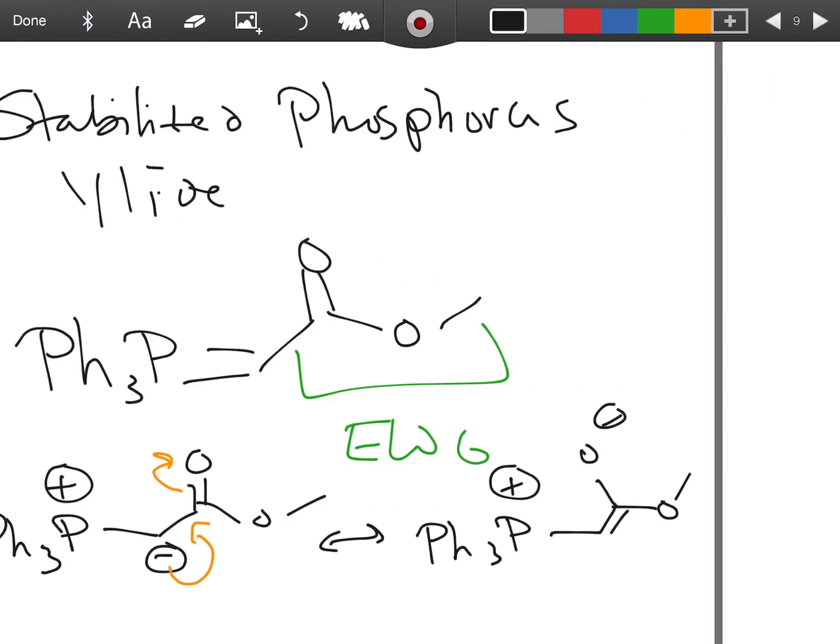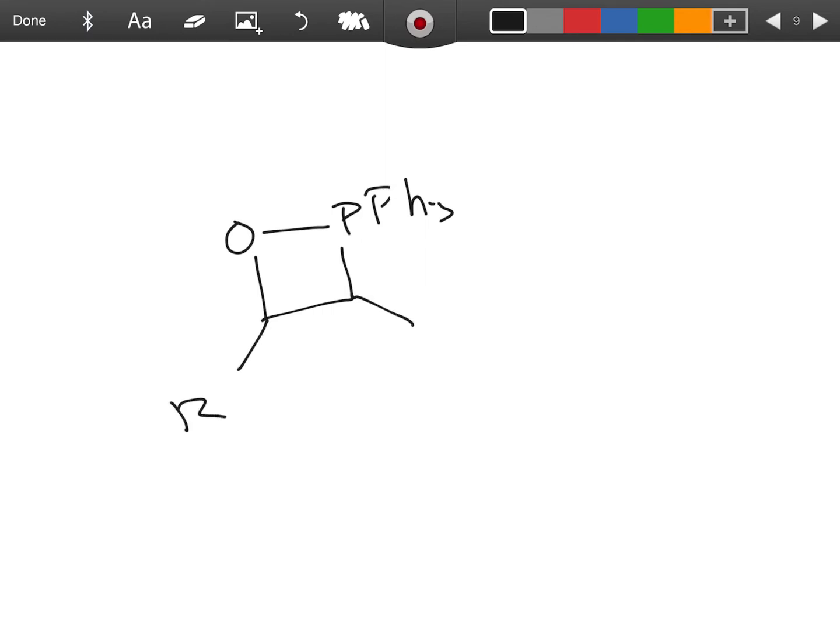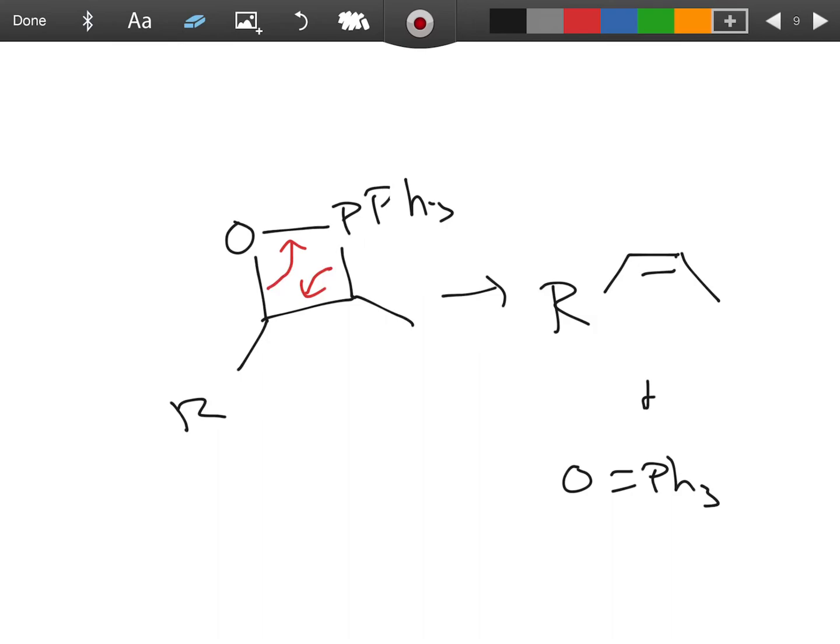Once you get to the oxyphosphatane, these electrons come up, those electrons come down, and that's going to make your double bond plus triphenylphosphine oxide.